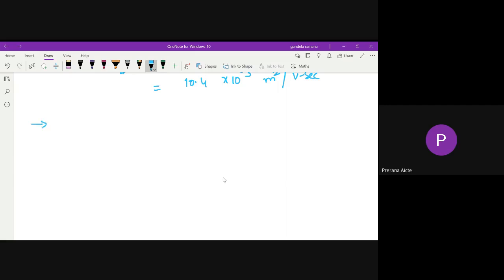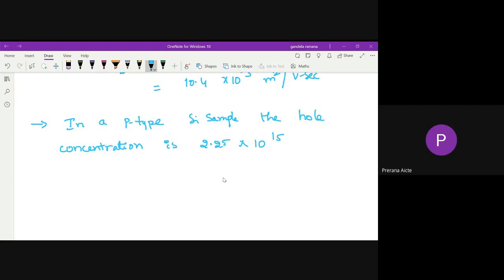The question is: in a p-type silicon sample, the hole concentration is 2.25 into 10 power 15 per centimeter cube.